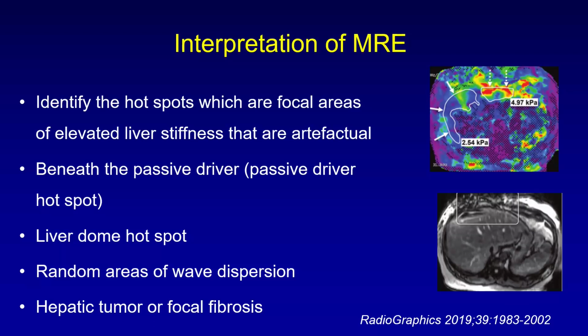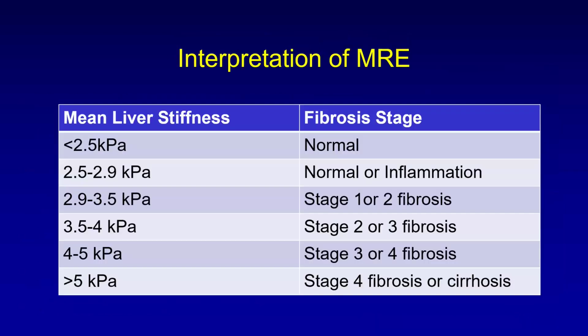Then there is the liver dome hotspot. Then there are random areas of wave dispersion. And if you have a hepatic tumor or focal fibrosis, you have to be careful when you mark your total ROI to identify that focal area, because that is an isolated hotspot you can have in the elastogram.